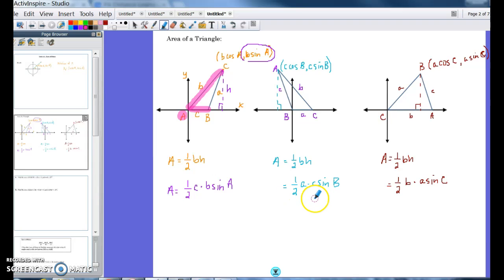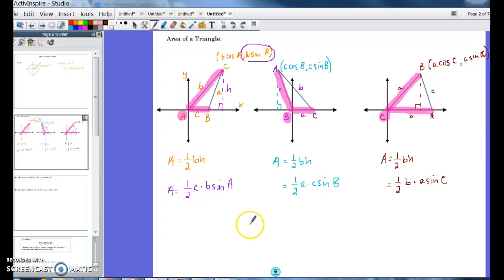In the second one, we've got 1/2, this is A, this right here is C, and B is the angle between them. Over here I have 1/2 B, which is this, times A, which is this, times the angle between them. And so that is our formula for the area of a triangle when you don't know the height.